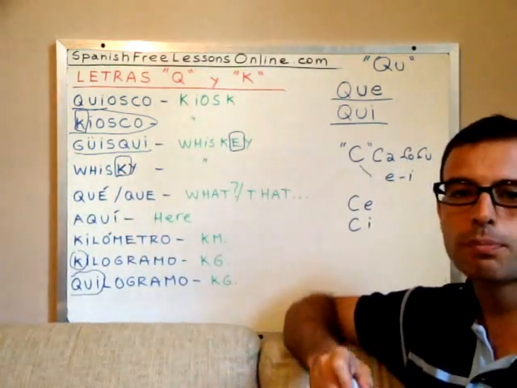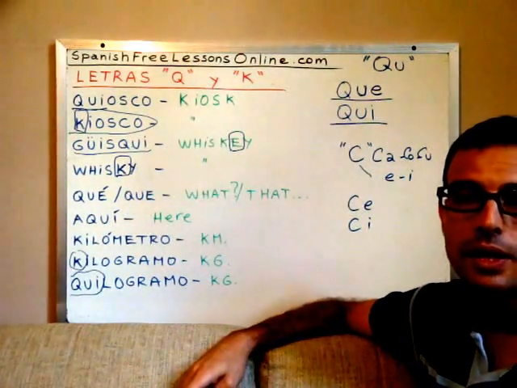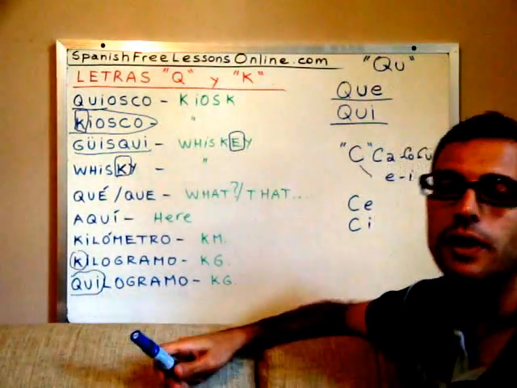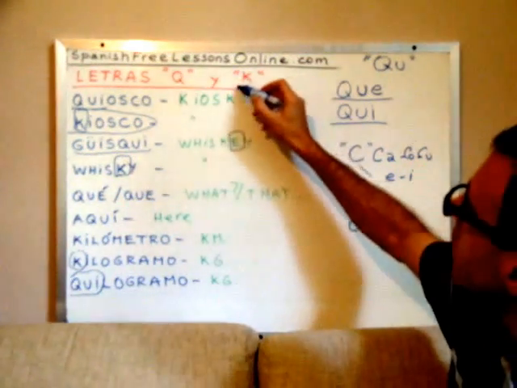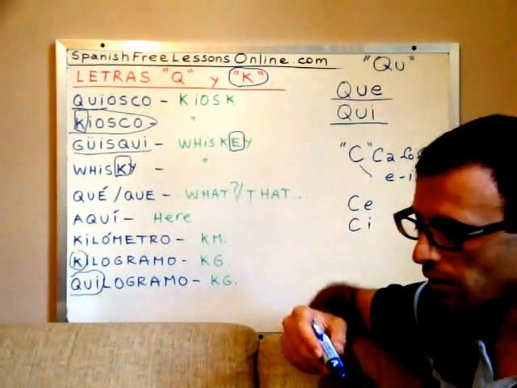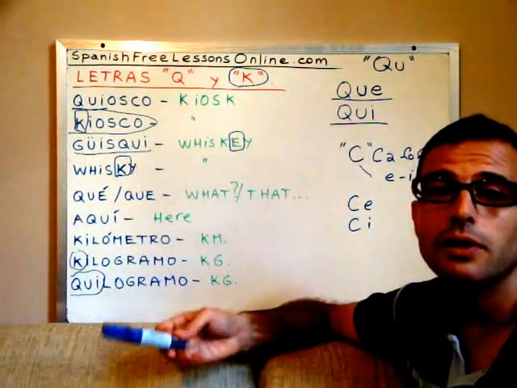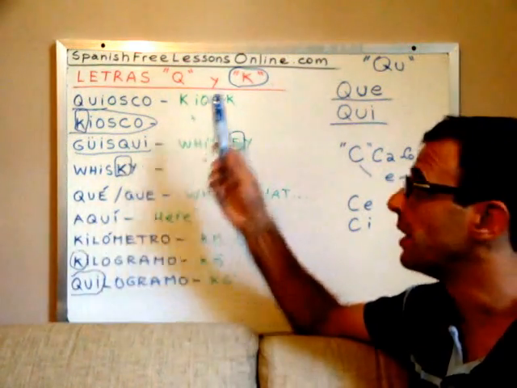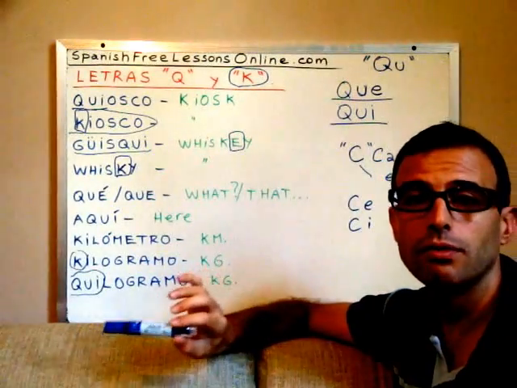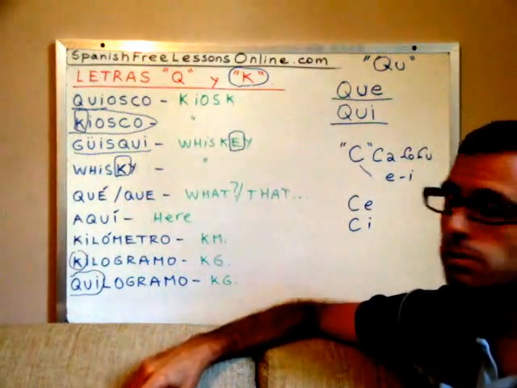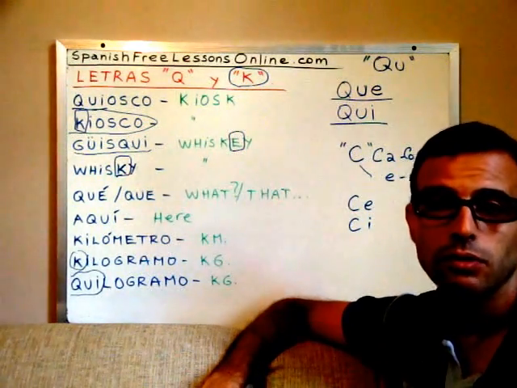So although the Spanish way of writing would be with a Q, many foreign words that have been incorporated into Spanish still use the K, and that's okay. However, because of this particular feature of the letter K in Spanish, that it only signals those foreign words, that's why many people argue that this should not even belong to our language.